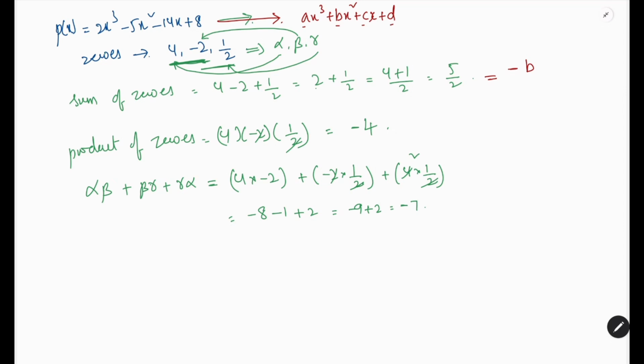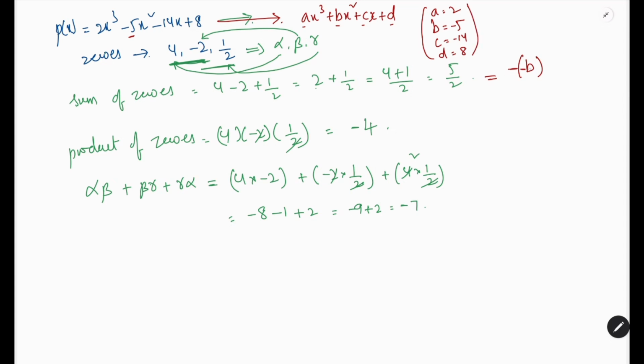Here 5 is what? B, right? Here minus of minus b. Here b is minus 5. So b equal to minus 5, a equal to 2, c equal to minus 14 and d equal to 8. These are the values here.